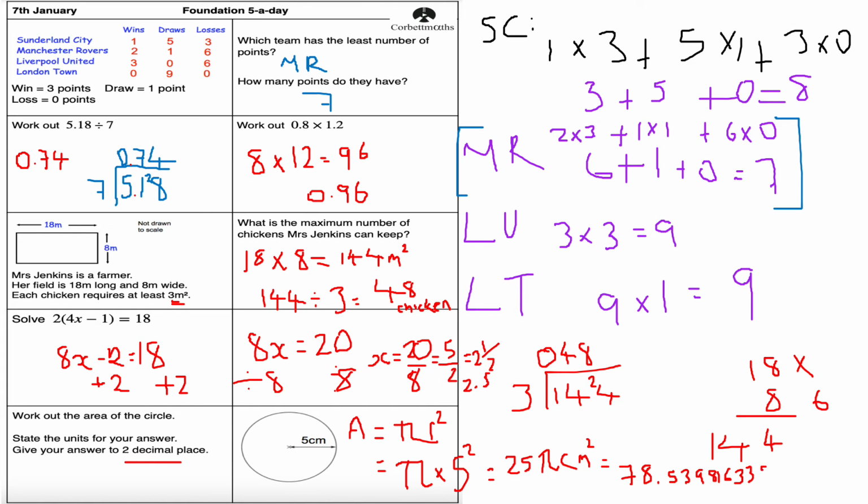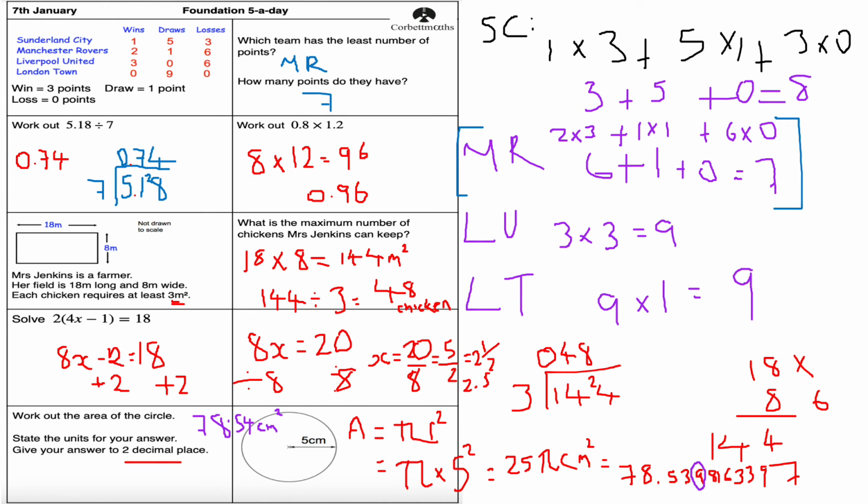And we have to round this to 2 decimal places. So we look at the third digit after the decimal place. That's a 9, so it's going to round this number up. So the answer is 78.54 centimeters squared to 2 decimal places.